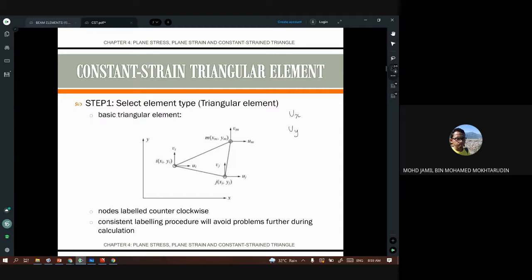But because there are so many symbols that might confuse us with X and Y later, in constant strain triangle we use UX as U and UY as V. Because later we need to consider the coordinates of the nodes, and the coordinates use X and Y. So we don't want to confuse the X and Y of the coordinate with the X and Y of the displacement. Because of that, we use U and V.